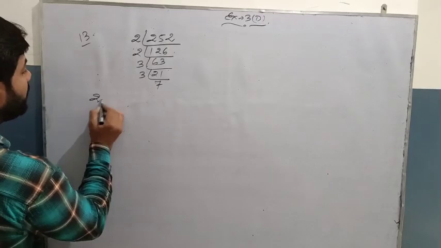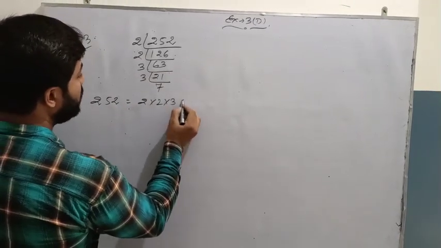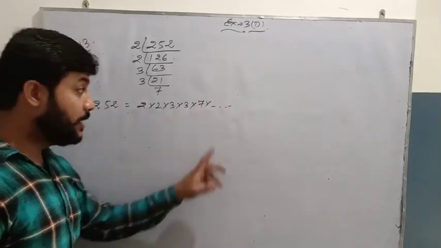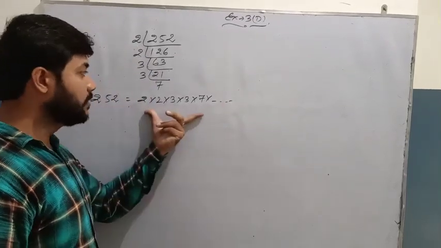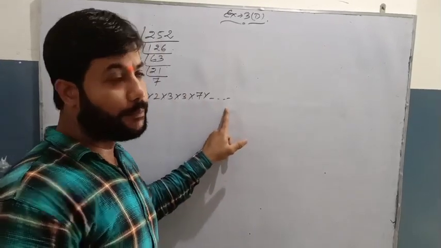So here we can write 252 is equal to 2 into 2 into 3 into 3 into 7 into dash. If we place 7 here, meaning if we multiply this set of numbers with 7, it will be a perfect square.